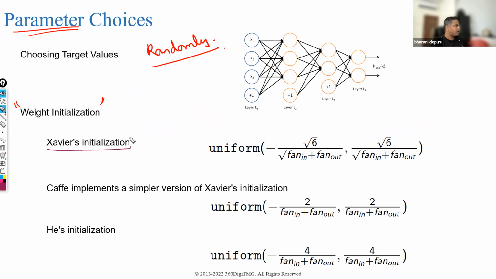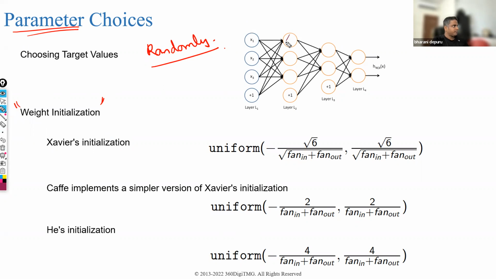Next, we have something called Xavier initialization. In Xavier initialization, you have fan in and fan out. For instance, say you take this neuron as an example. How many weights do we have? 1, 2, 3. Or let me take rather this neuron as an example.